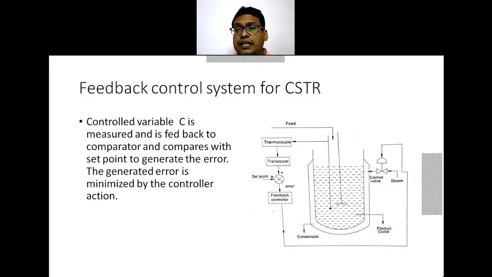Means you are measuring directly the controlled variable, that is the temperature of the reaction content, and it is controlled with the help of a steam supply. So only one loop is incorporated, but here we are measuring the controlled variable.